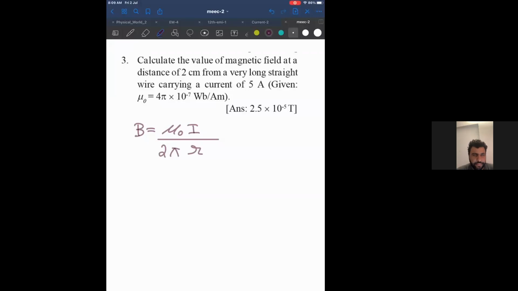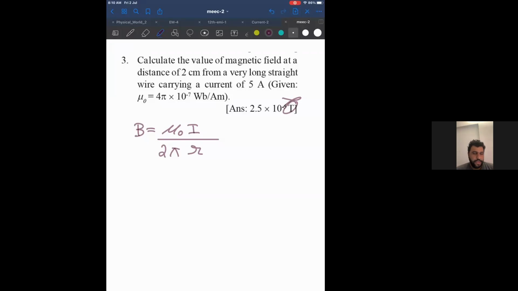Unit is Tesla, na, sir? Yes, unit is Tesla. It is magnetic field. Unit is correct: Weber per meter square, or Tesla, or Newton per ampere meter. Three units, any one you can write.